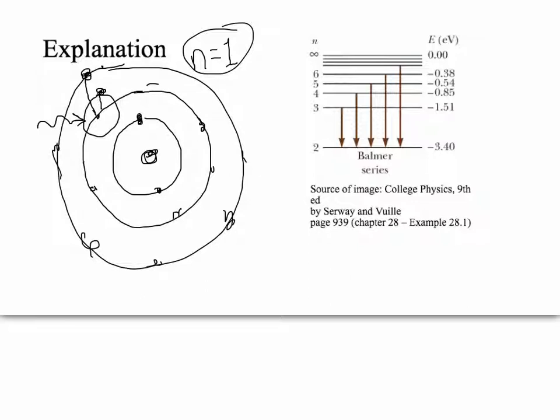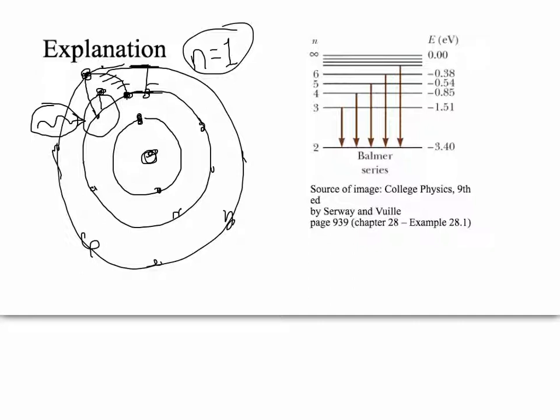It can jump an exact discrete unit, so it can move from this point to this point and nowhere in between. Whenever that energy is added, it jumps up here, then it immediately falls back down. It doesn't fall down to any of these spots in between, but it falls directly back down to the lowest possible energy level, or the next lowest energy level for the energy that it has.